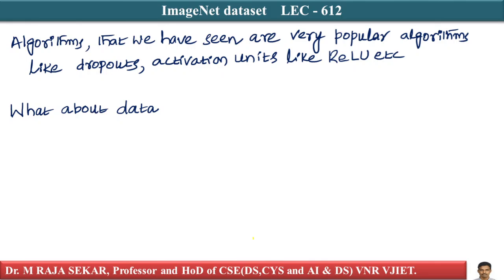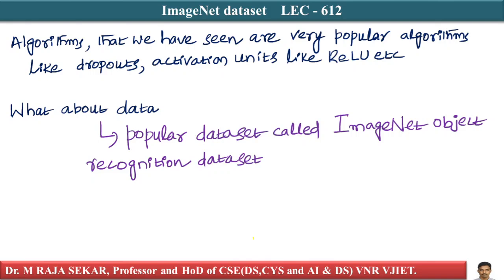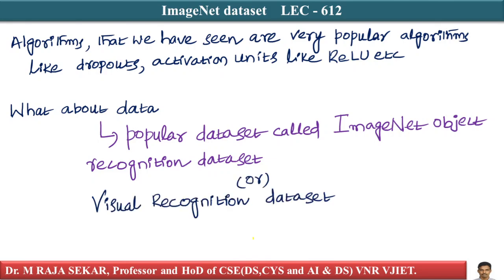In the context of data, there is a popular dataset called the ImageNet object recognition data, or you can say the visual recognition dataset.